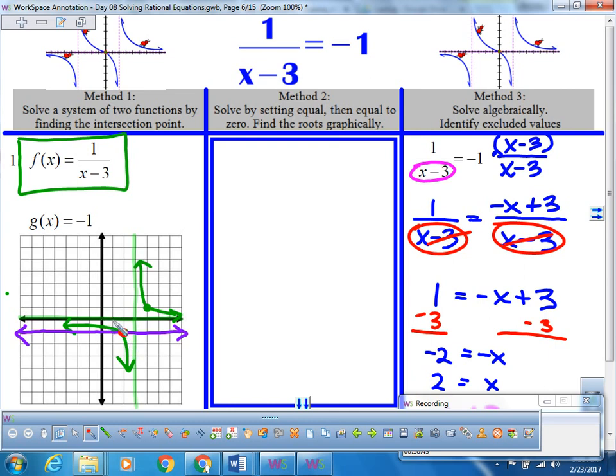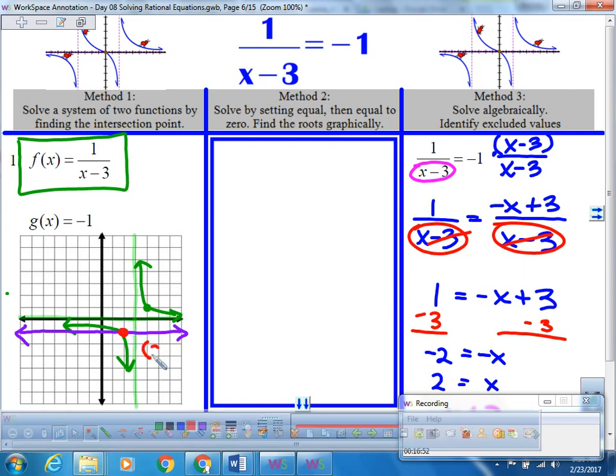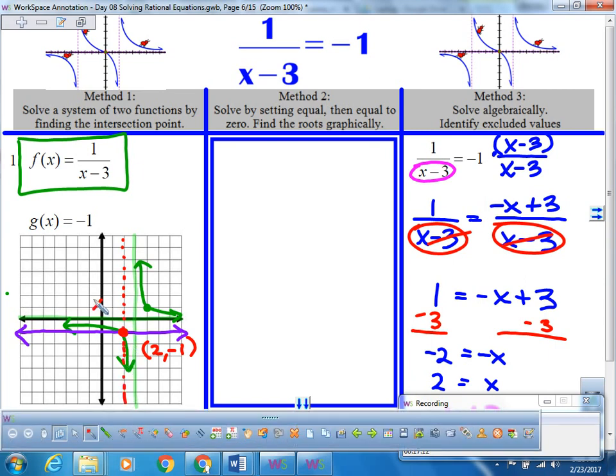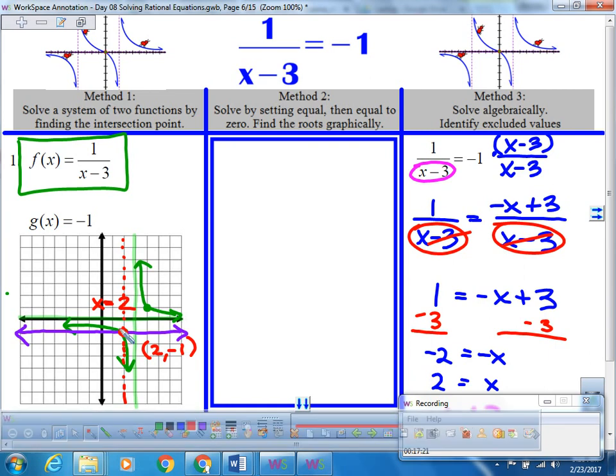So they intersect at 1 to -1. And what does x equal there? And x equals 2 here. Okay, so this is solving it graphically, or I could have said, okay, where do they touch? They touch where x is equal to 2, right there. X is equal to 2 right there. If I was solving for y, what would y be? -1, right? Y would be -1, x would be 2.